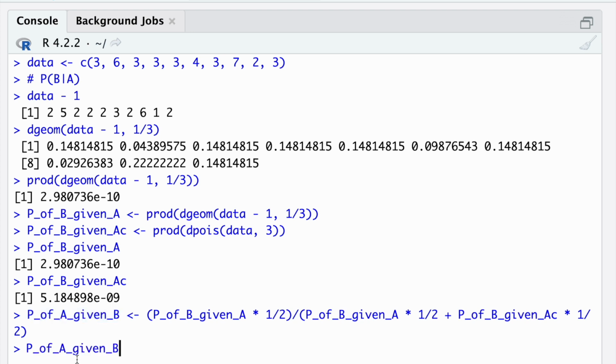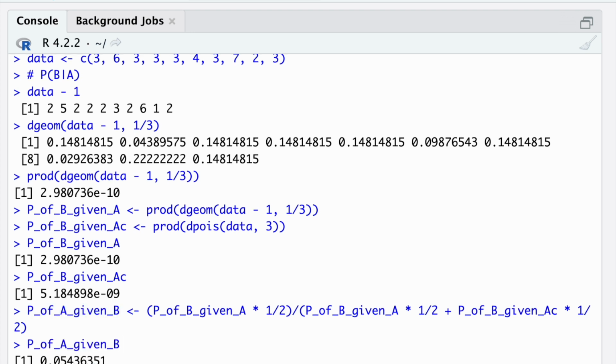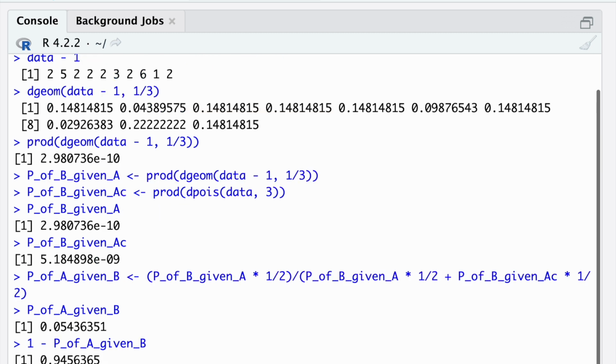And that's going to tell us our probability of A given B is about 5%. So the probability that we have heads, given that we see this data, is something like 5%, and the probability that we got tails, of course, is 1 minus that, so it's about 94.5%. Okay, and so that's the answer that you're looking for.